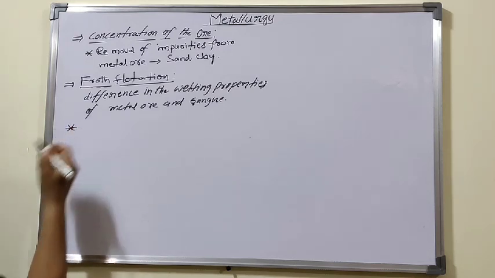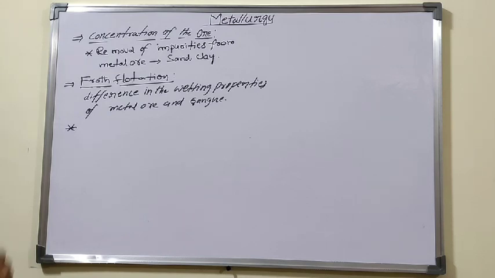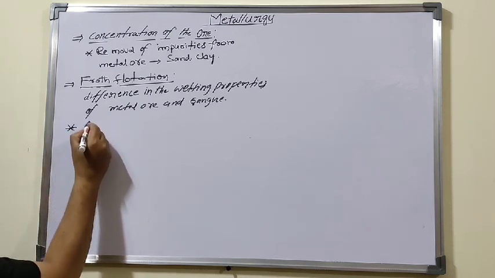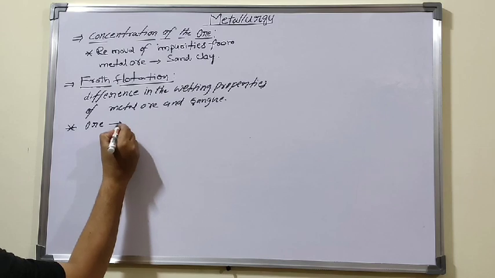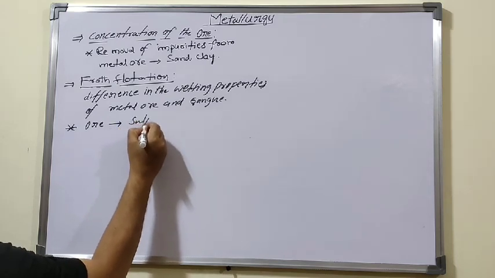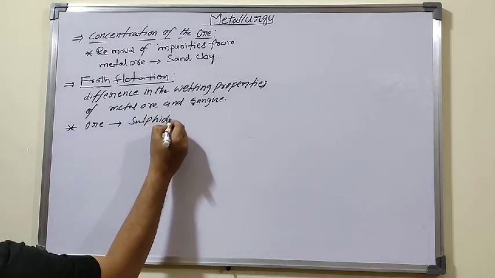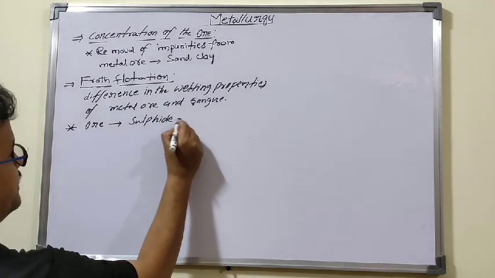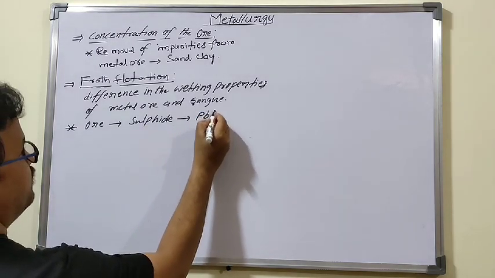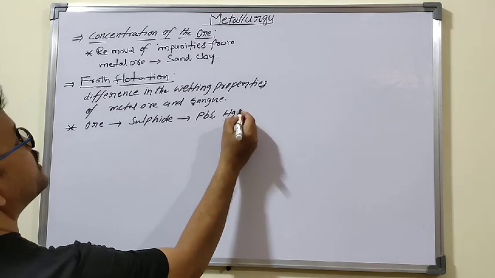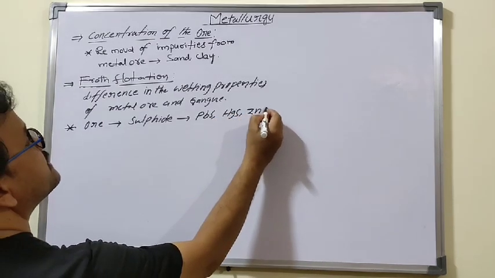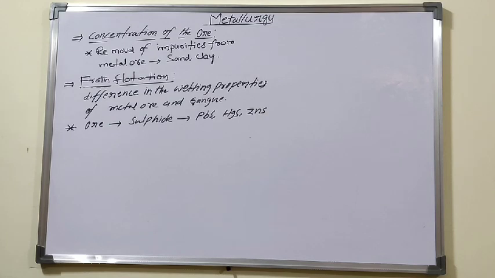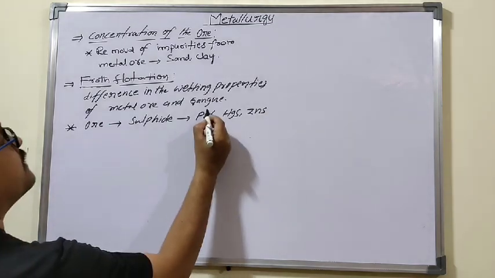Here we have to remember that sulfide ores can be concentrated by this method, like lead sulfide, mercury sulfide, zinc sulfide. Only sulfide ores are concentrated by the froth flotation method.